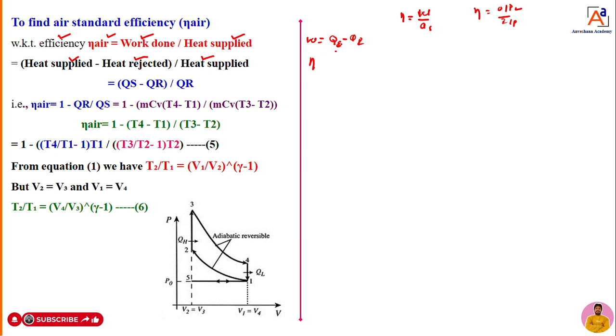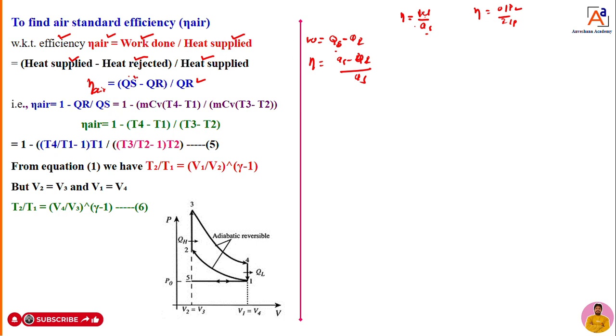In notation, the efficiency of the air standard cycle is equal to QS minus QR divided by QS. This is the main equation to calculate the efficiency of the Otto cycle.